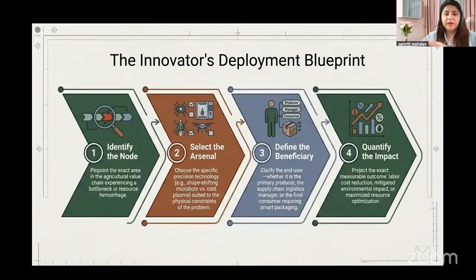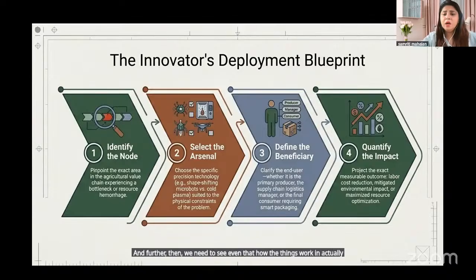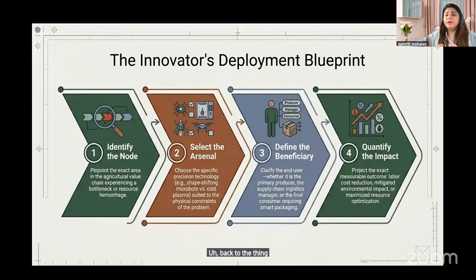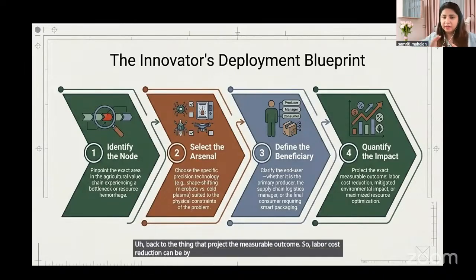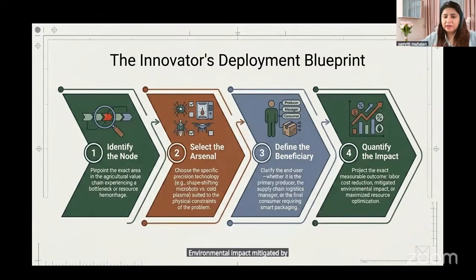And further, then we need to see how things actually work, how the technology has put in the efforts. So back to the point: project the measurable outcome. Labor cost reduction can be by X%, environmental impact mitigated by Y units, we can see.